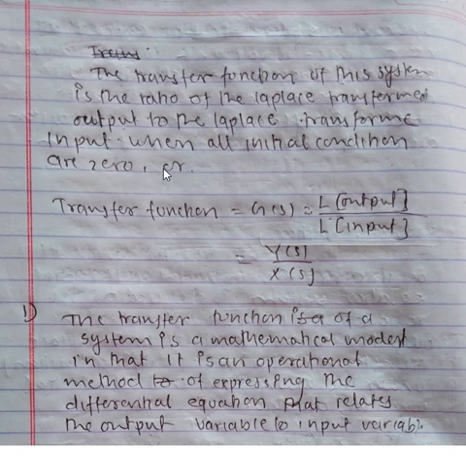I already stated that. Or the transfer function G(s) is equal to L of output divided by L of input. That is, if we represent y as the output, Y(s) divided by X(s).